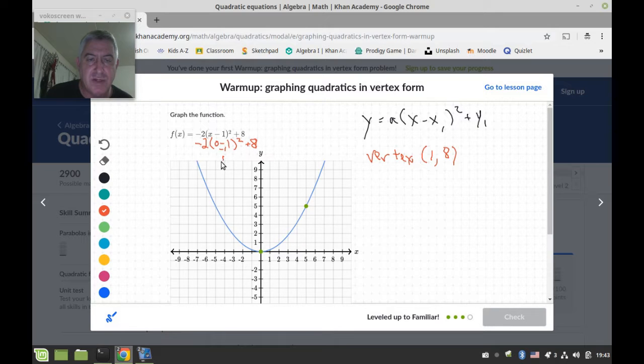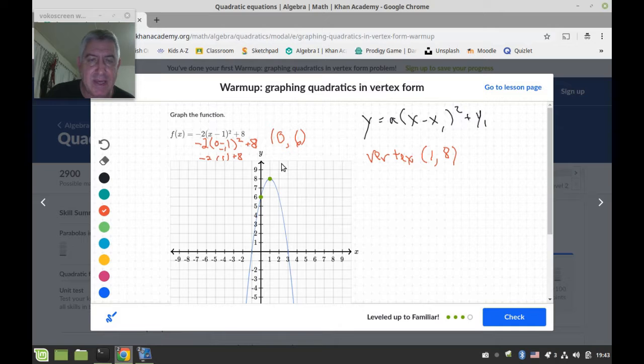Negative 1 squared is 1. 1 times negative 2 plus 8. That's negative 2 plus 8, or 8 minus 2, and 6. So I have 0, 6 as our intercept. So let's see if we can get that one right. 1, 8, and 0, 6.